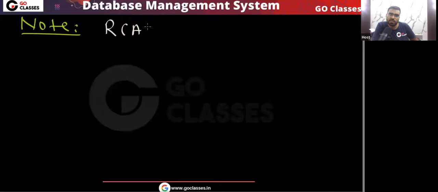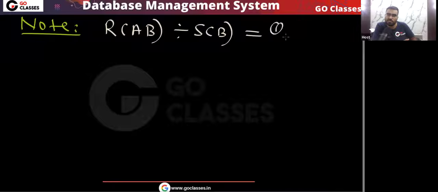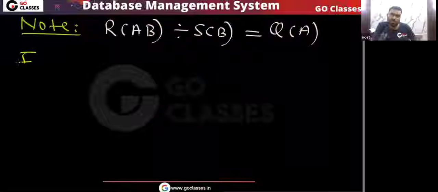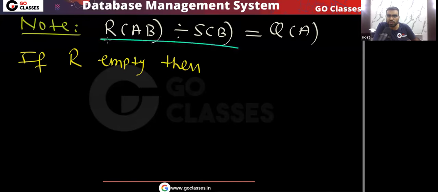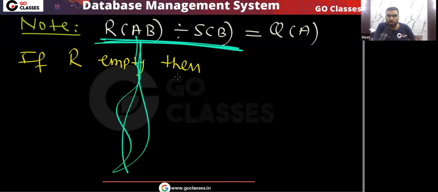You have R(A,B) divided by S(B), which is equal to the projection on A. If R is empty, then what will happen? This will give me those A values which pair with every S value.